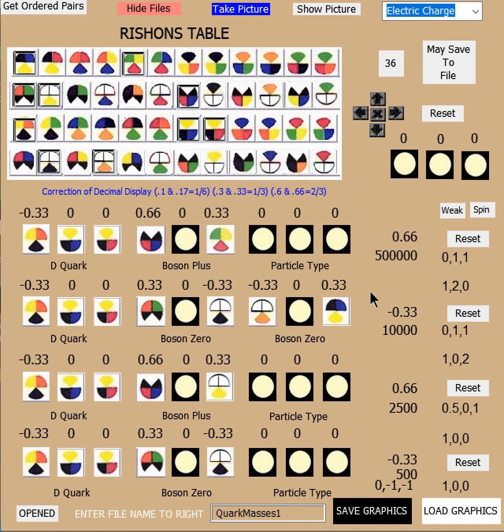So the combinatorial value of 3 is the value that establishes the highest or third generation of quarks, whereas for the middle generation, the sum of the combinatorial values will be 1.